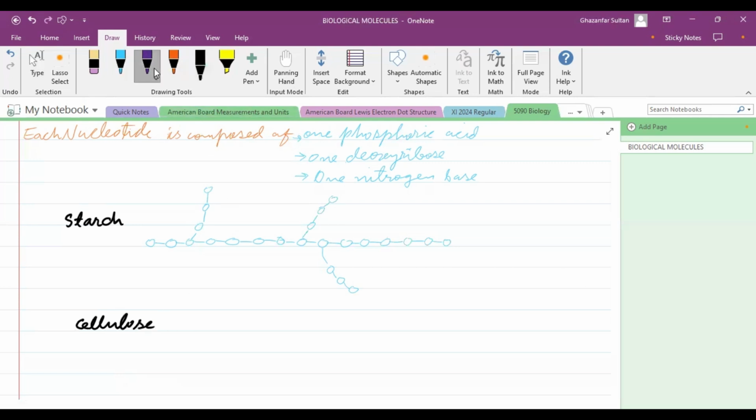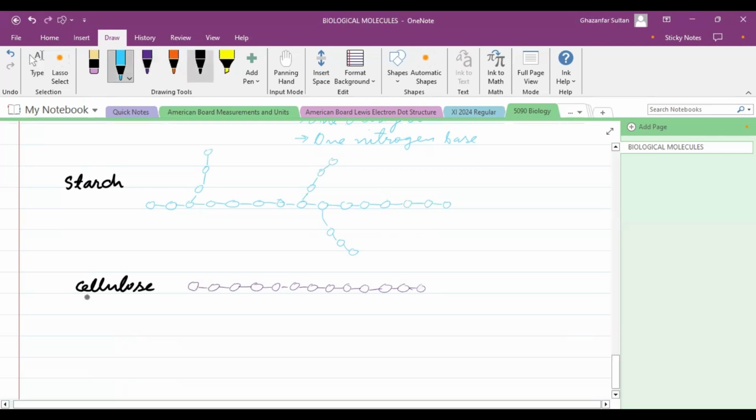Cellulose is a linear molecule. It has no branch. We have seen this in the discussion. These circles are not oxygen. I'm just representing them with glucose. Okay. So there's no branching.